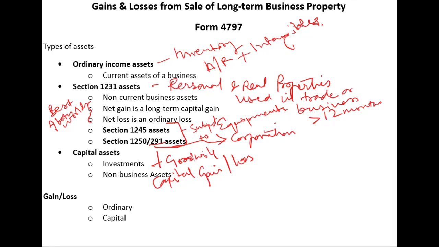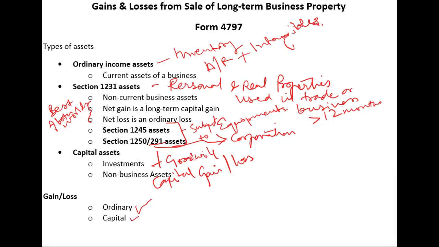So the sale of ordinary income assets is generally ordinary income. Section 1231 we will discuss in detail in the meanwhile. Then capital assets give capital gains and losses.